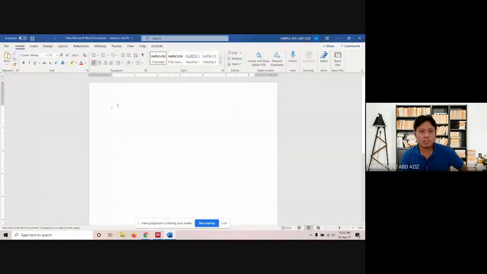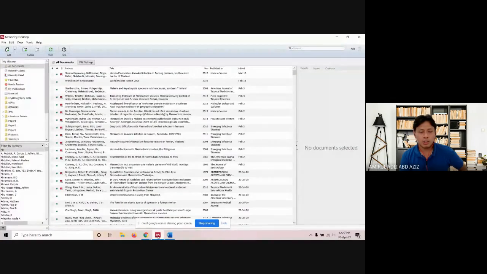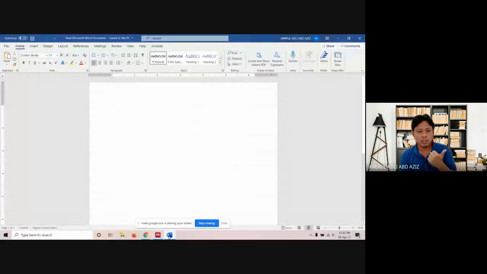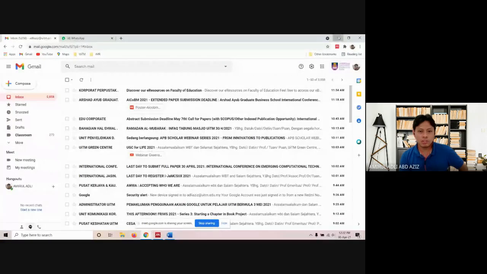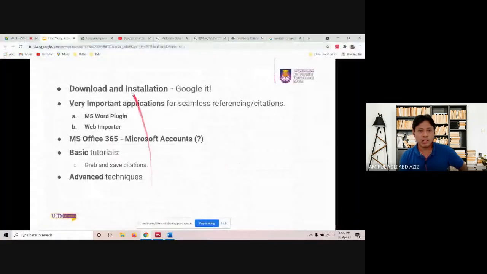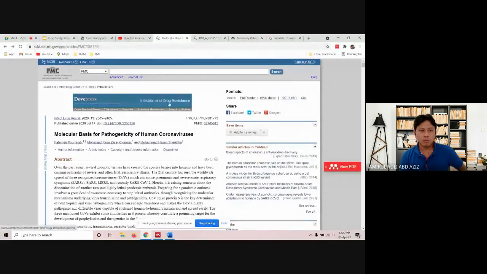Okay. So let me just open a dummy Word document. Okay. Okay, let's say this is your thesis. Okay. Then we go back to okay, you have installed the web plugin and then you have installed the Microsoft Word punya plugin. Okay. Okay, first kali, let's say you want to find an article. Okay. So I have opened this website for you. Okay.